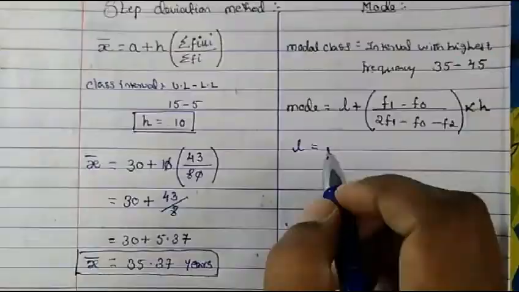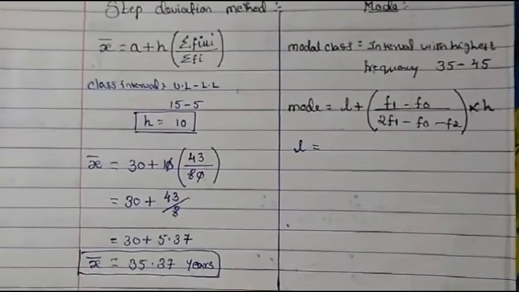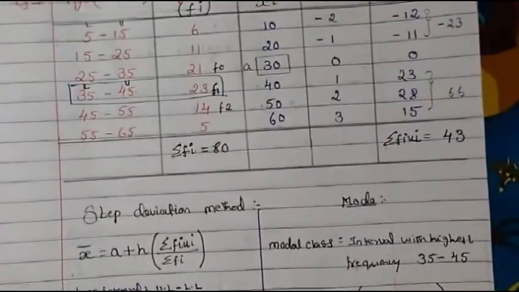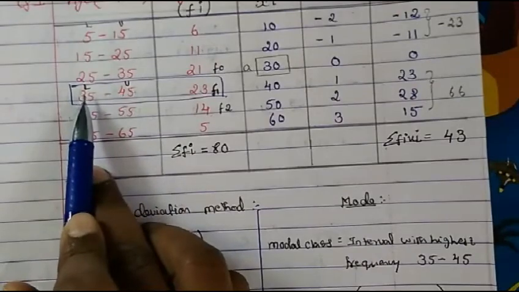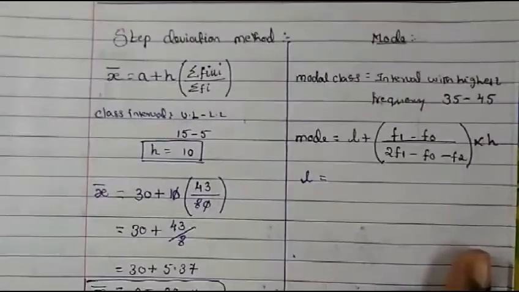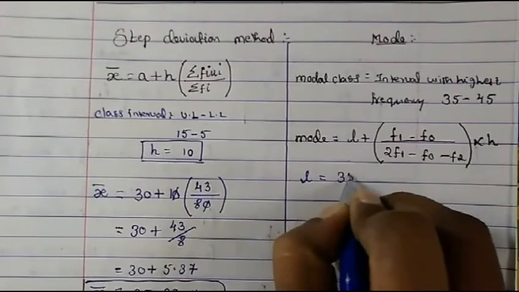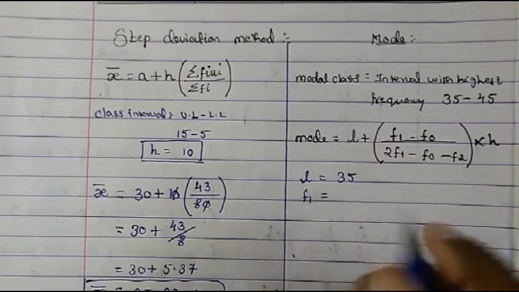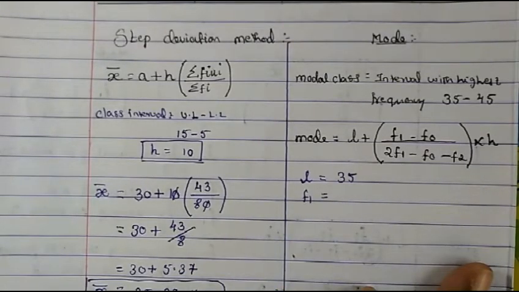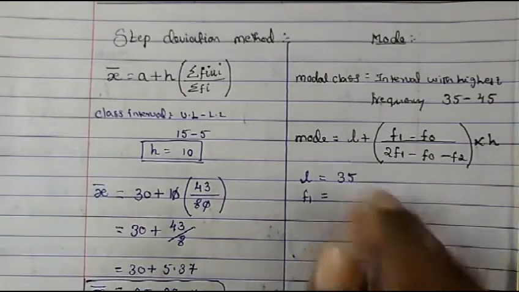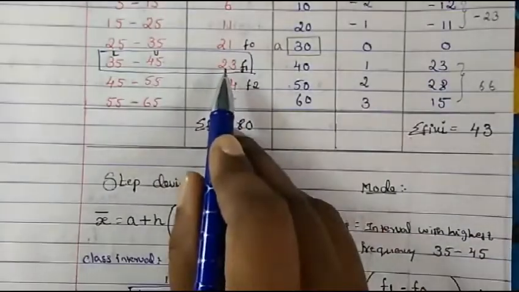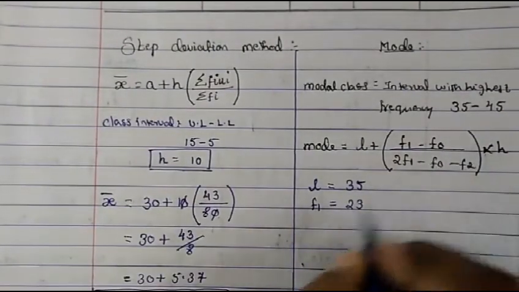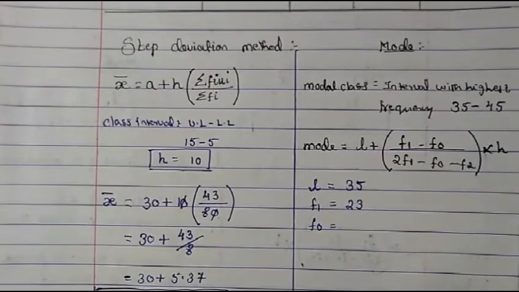So L is what? Lower limit of the modal class. So lower limit, I have showed you here. This is upper limit and this is lower limit. So lower limit is 35. Then F1 is what? Frequency of the modal class. So F1 value is 23. Then you know F0. F0 is what?